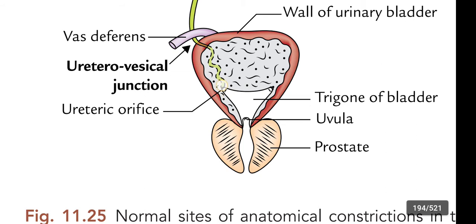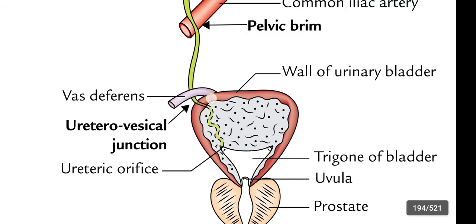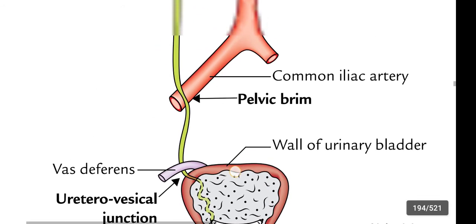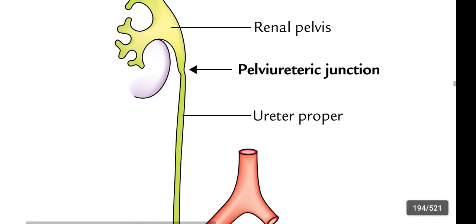This is the ureteric orifice. Okay guys, this is the vas deferens, wall of urinary bladder, common iliac artery, ureter proper, pelviureteric junction, and renal pelvis.